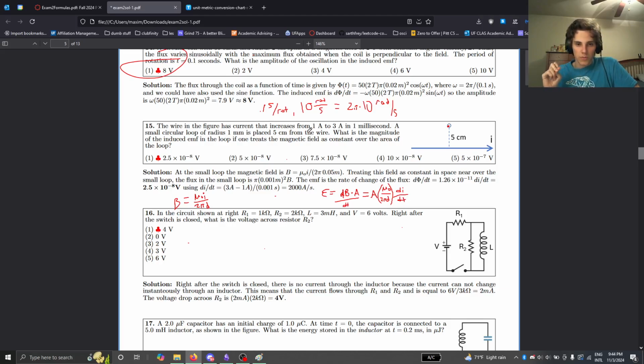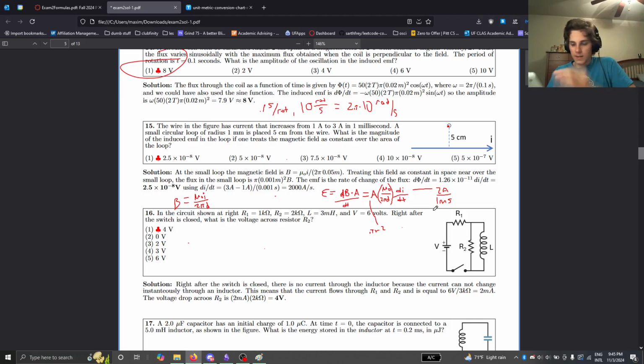So what is given in the question? It goes from 1 amp to 3 amp in 1 millisecond. So this is just 2 amps per 1 millisecond. So for the area here, we're just going to sub in pi r squared with this little r here. Plug everything in.